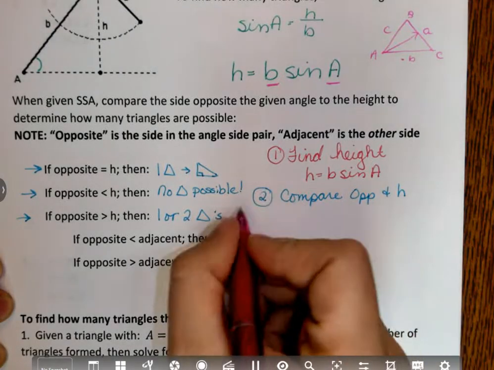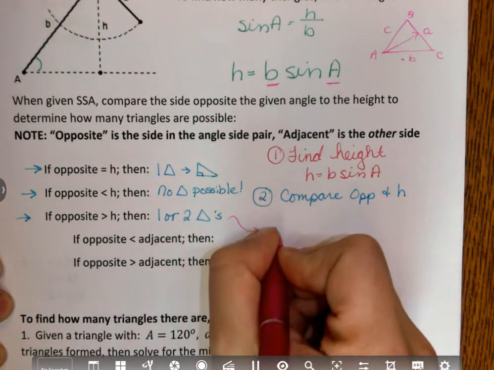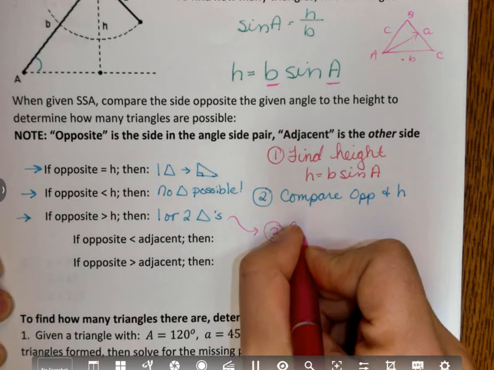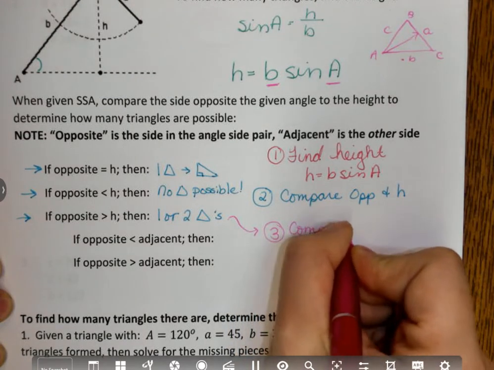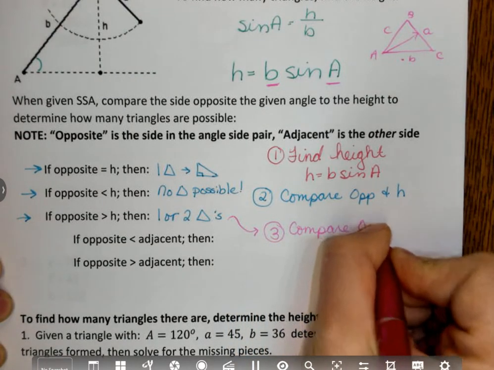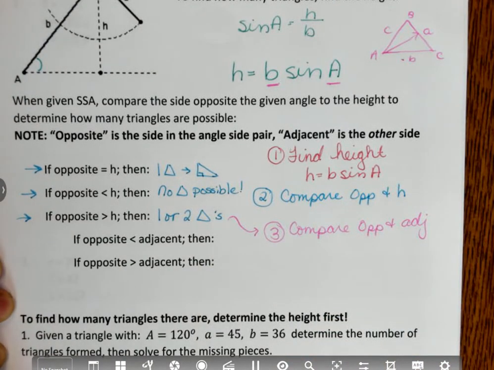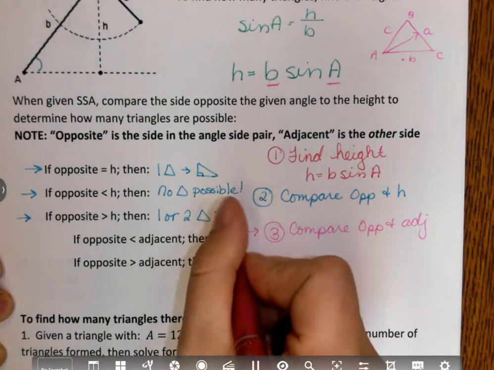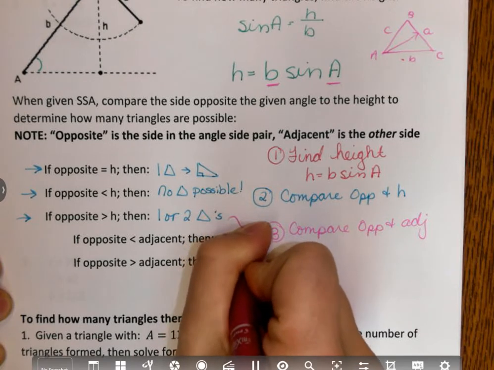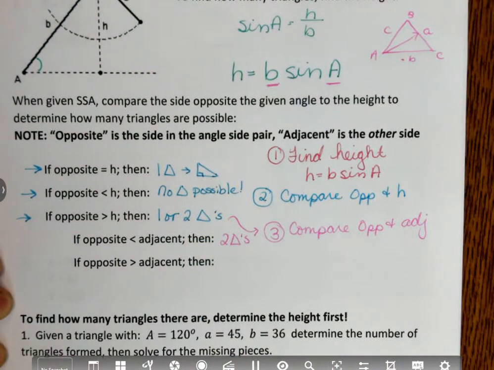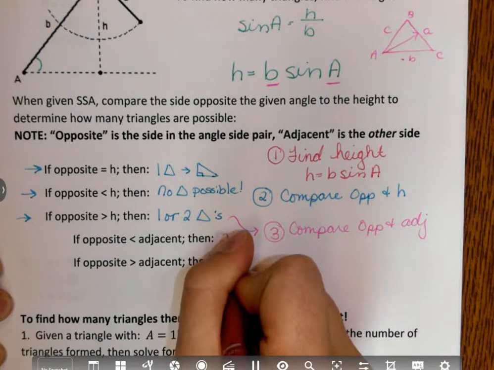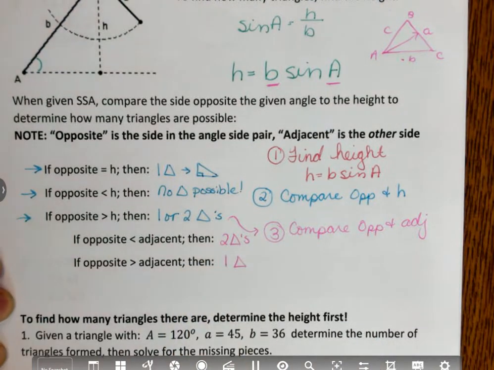And if you fit into that category, your third step is going to be to compare the opposite and the adjacent. If your opposite is less than the adjacent, that's when we could have two triangles, whereas if the opposite is bigger than the adjacent, you're only going to have one triangle.